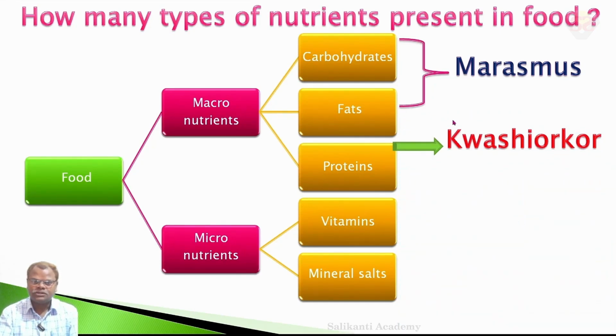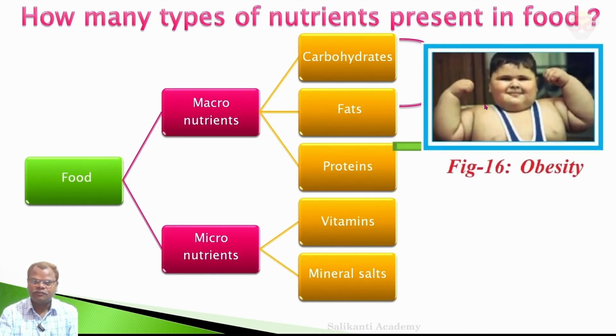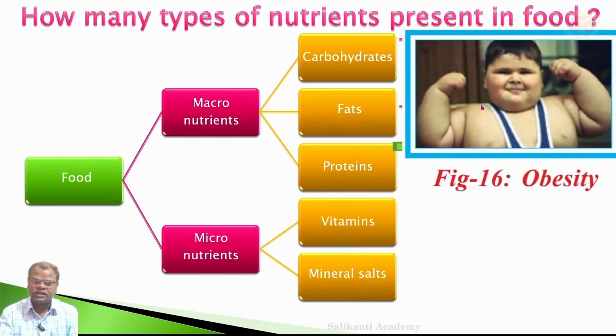And some children having more junk foods in their diet develop obesity. Obese children appear like this. They look very fatty, and these children have very useless fats in their body.